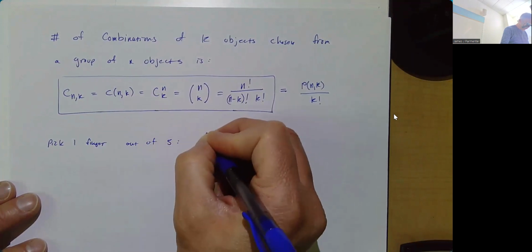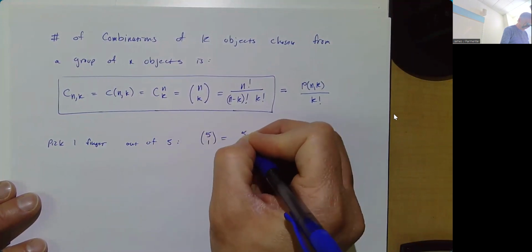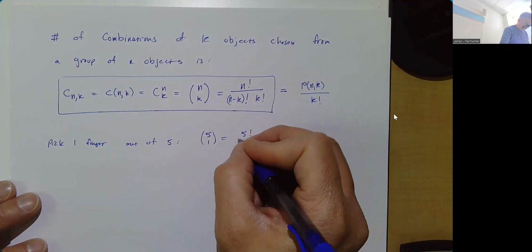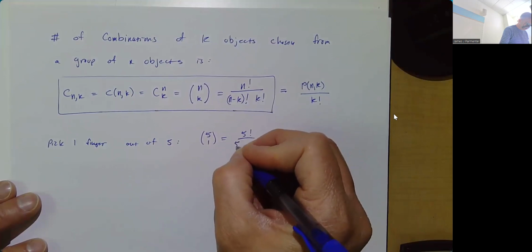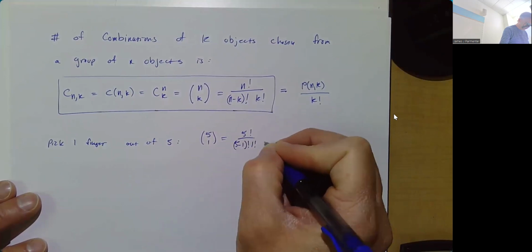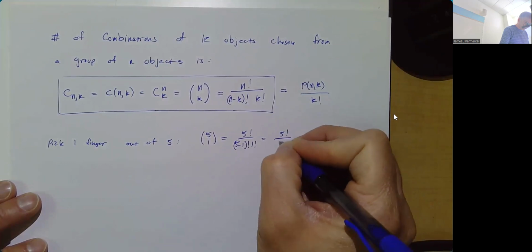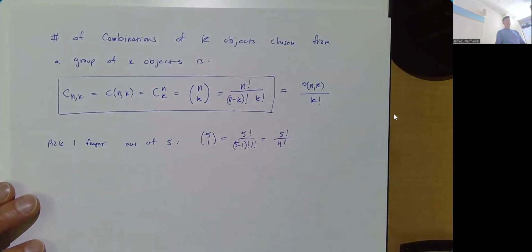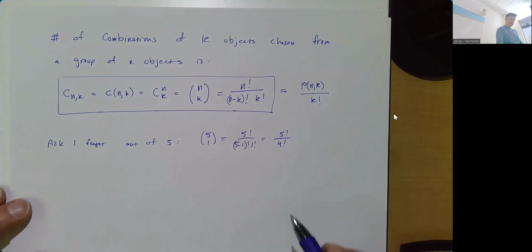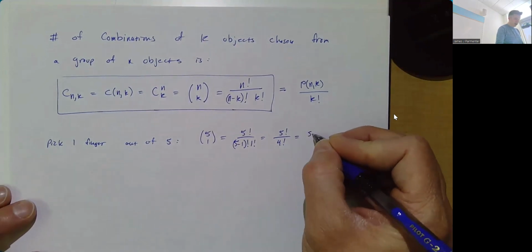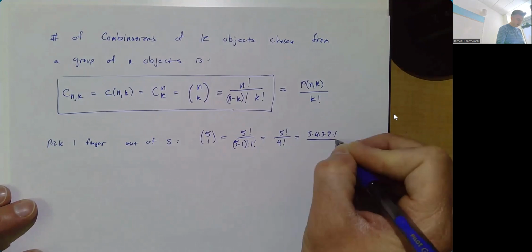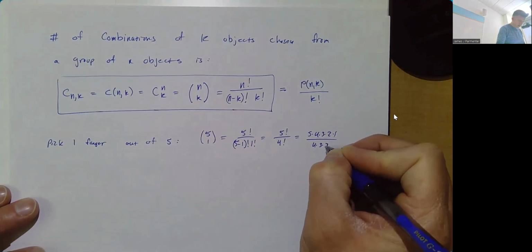The answer is 5 choose 1, and that's equal to 5 factorial over 5 minus 1 factorial times 1 factorial, which is 5 factorial over 4 factorial. I don't really need to write the 1 factorial because it's equal to 1. And that's going to be 5. I know I'm doing a lot of math here to get an answer we already know. Don't worry, there's a point.